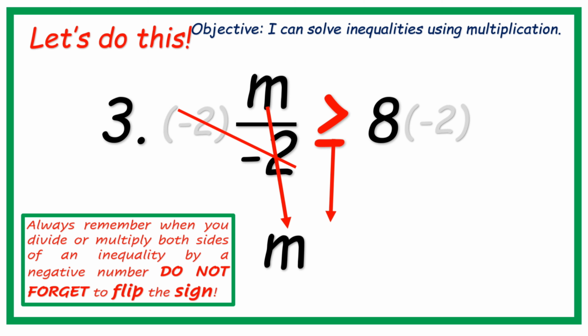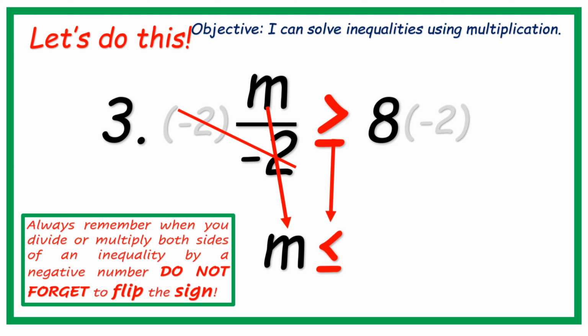Always remember, if you divide or multiply both sides of an inequality by a negative number, do not forget to flip the sign. So, the is greater than or equal to sign became the is less than or equal to sign, just like that.